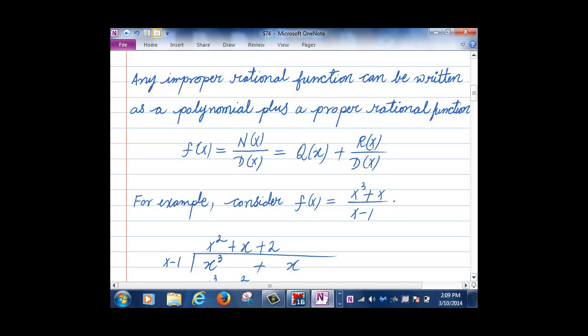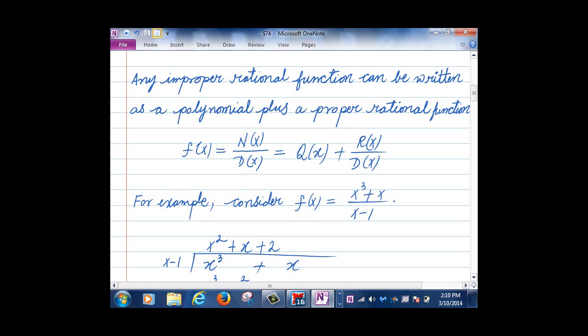Same thing happens with ratios of polynomials, okay? So if I have an improper rational function, I can always write it as a polynomial plus a proper rational function. Is that clear? Why is that good?